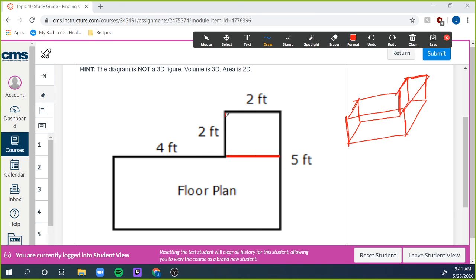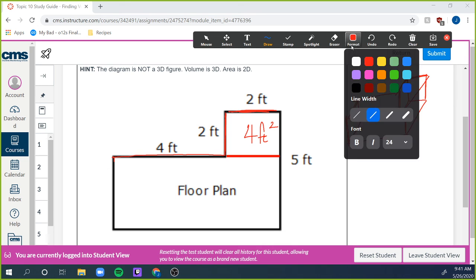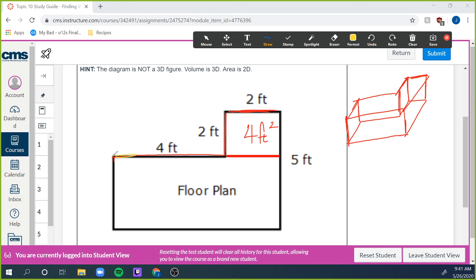Well, area is length times width, and that's 2 times 2. So the area of this box right here is going to be 4 feet squared. And the area of this box right here, well, this measures 4. And then there's, let me use a different color. This part right here is 4, but that's not the entire box. We need this part too. So all together, this one side is 6 feet.